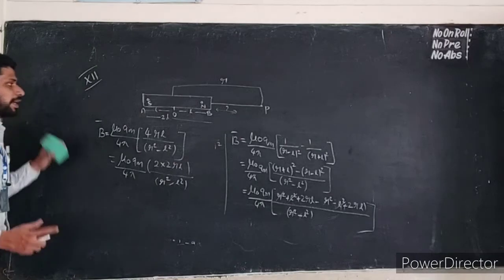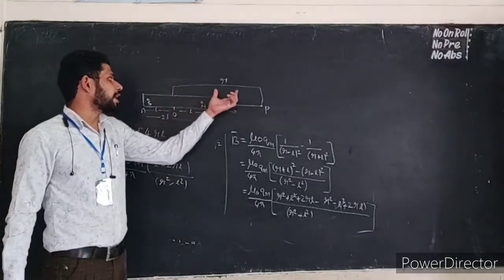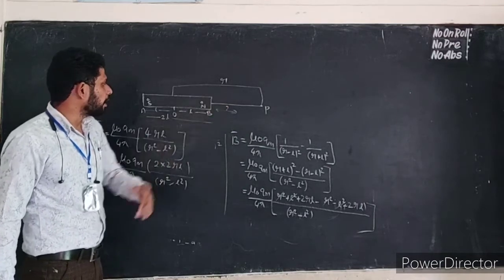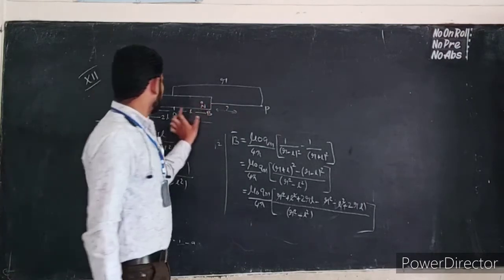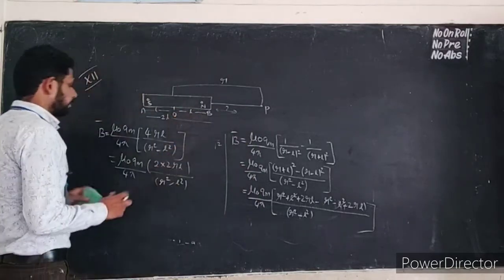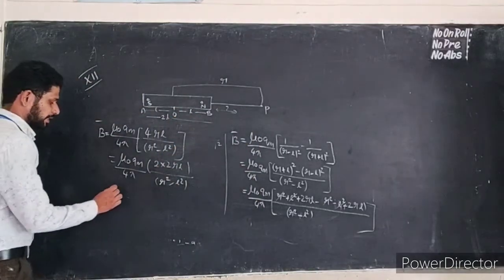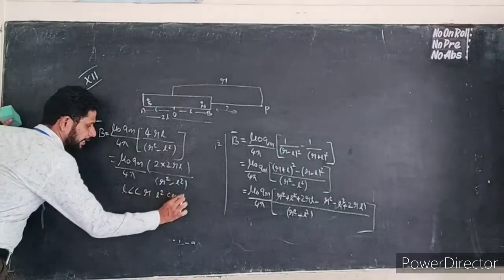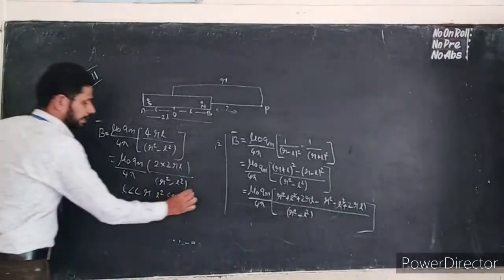Whenever we are comparing the length L with R, L will be much smaller than R. So L is much less than R, and L square can be neglected.